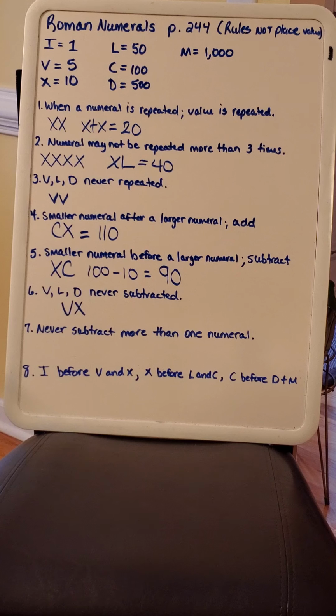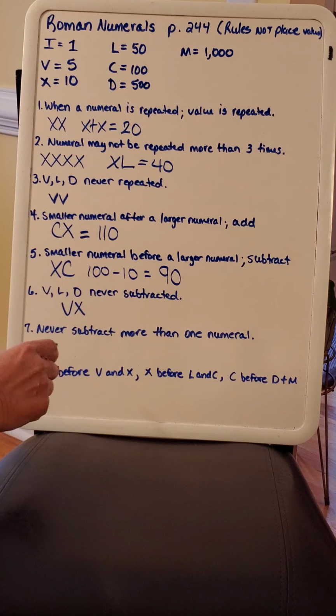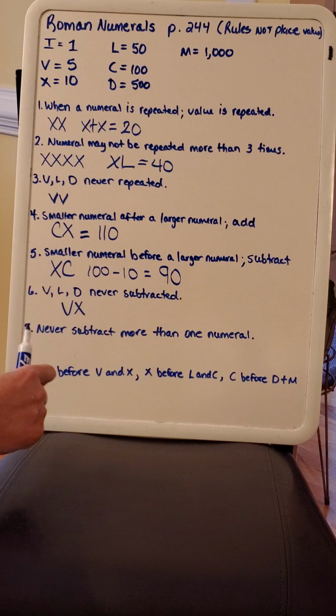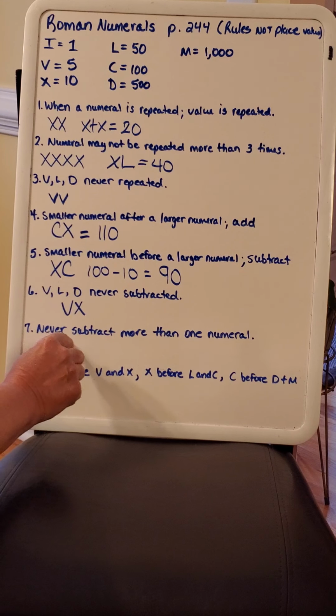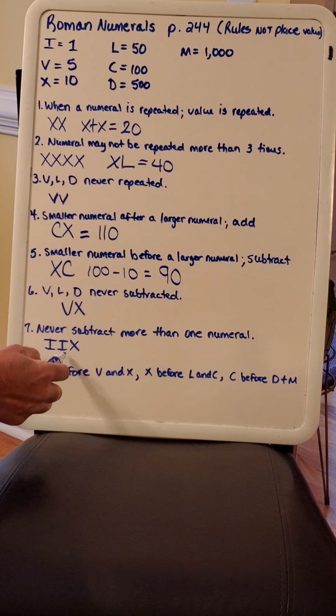Rule 7, never subtract more than one numeral. Let's do it like this: I, I, X. That's smaller numbers before a larger number, so we know we would subtract, but we can't do it because we cannot subtract two numbers.